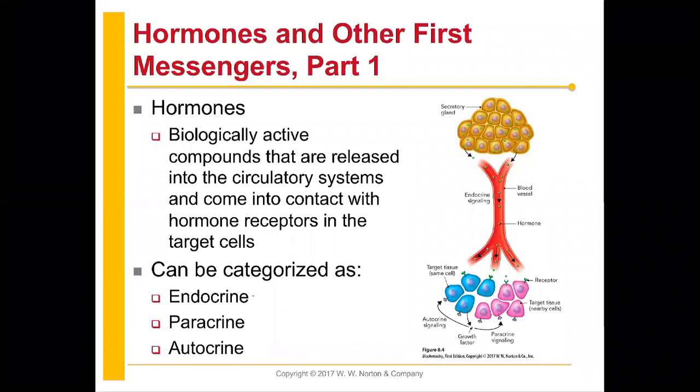So if you think about this, endocrine, basically what you're going to do is one cell is going to make it. So here, over here, right? Let's do this as endocrine. This is the cell that makes the hormone. Then that hormone is going to travel a really far distance, and it's going to get to a distant location.